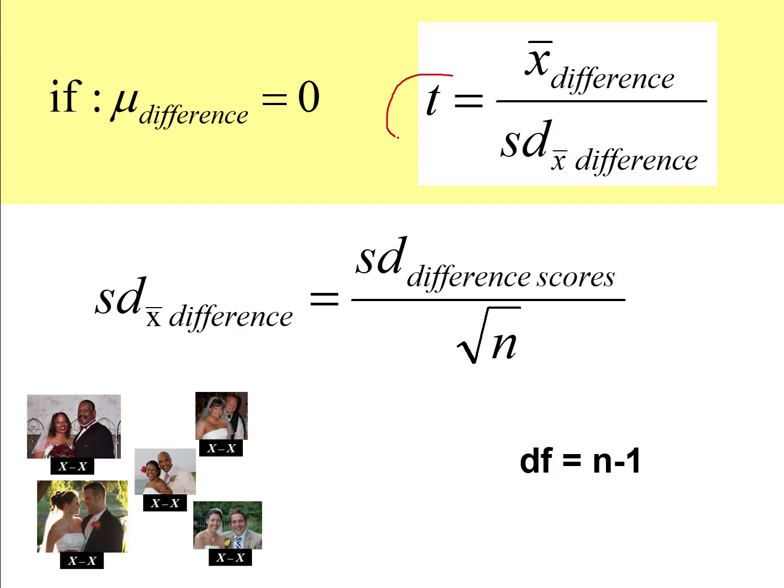The t-value is always equal to a statistic divided by its standard error. In this case, our statistic is the mean difference score for our sample, and we divide that by the standard error of the mean difference score.